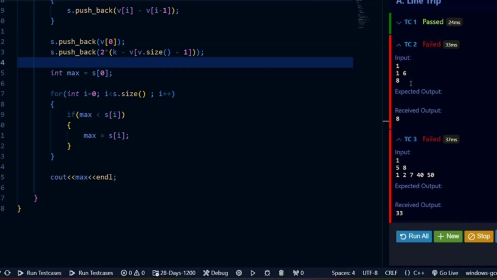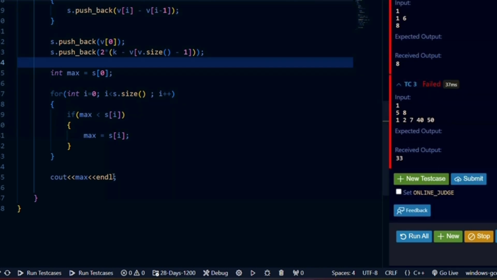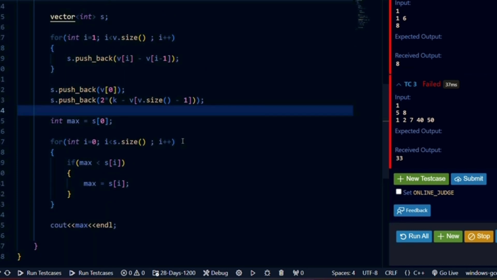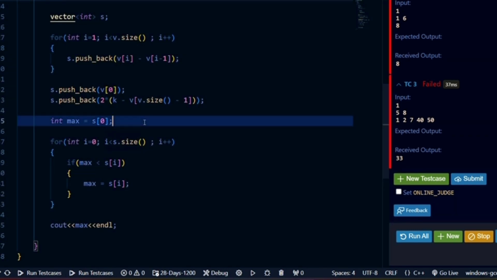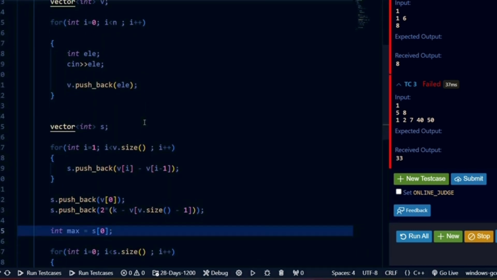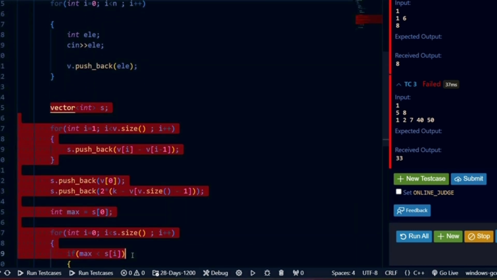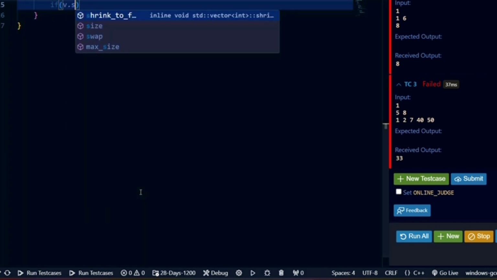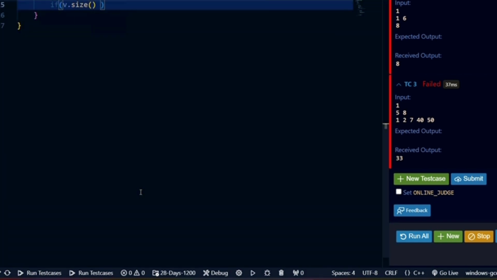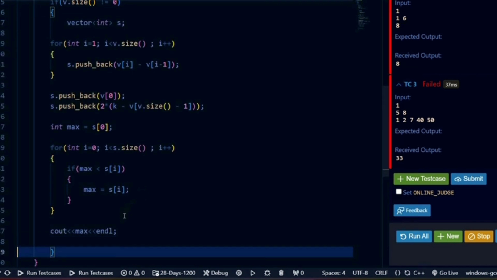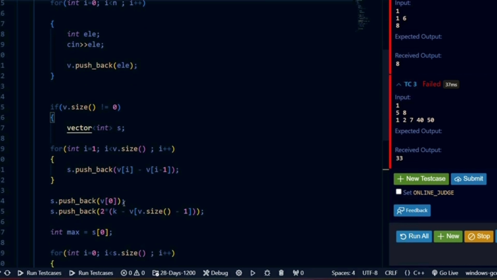But still a few cases will remain which are not passed. And it is because suppose there are zero gas stations in between. So for this I will do one simple condition: if v dot size is not equal to 0, then I need to do all this.